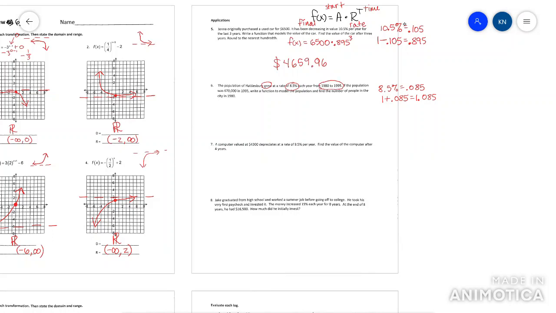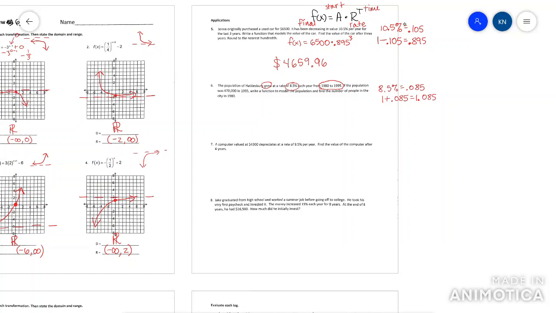You have to calculate this amount of time yourself. Some people say it's 15 years. I say it's 16 years because if you count 1980, that is 16 years. So I'm going to go with time 16. Some people will go with time 15. I don't care. And then they say if the population was this in 95, that means that's your finished population.